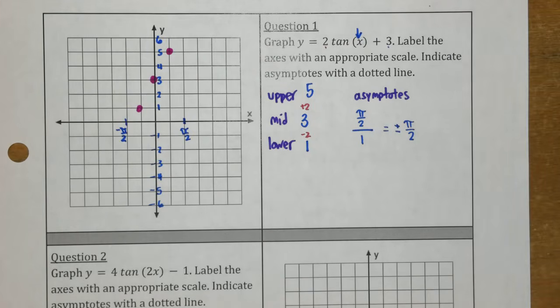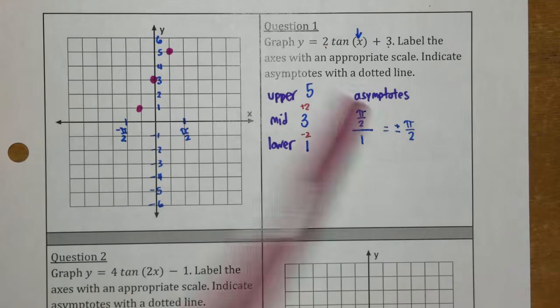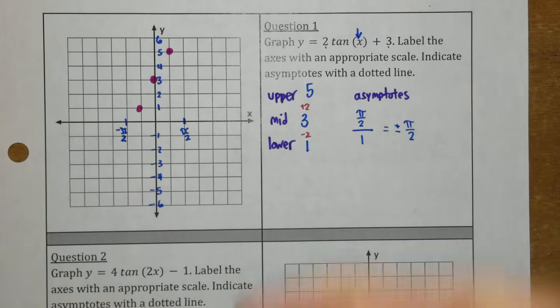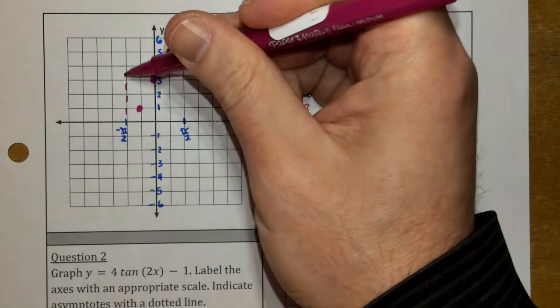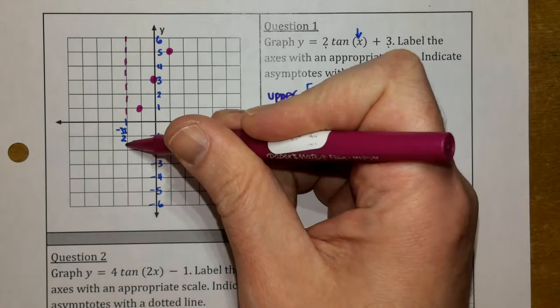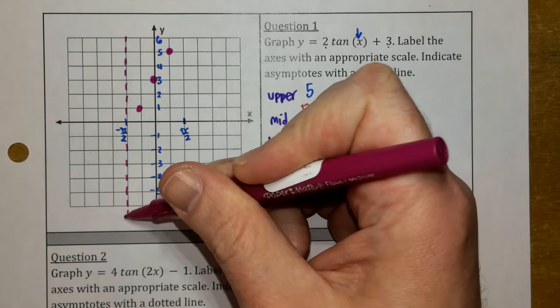So normally when we do sine and cosine, we do one label and that's where it finishes the cycle. For tangent, you have to figure out where your asymptotes are. Asymptotes are indicated with dotted lines, dashed lines.